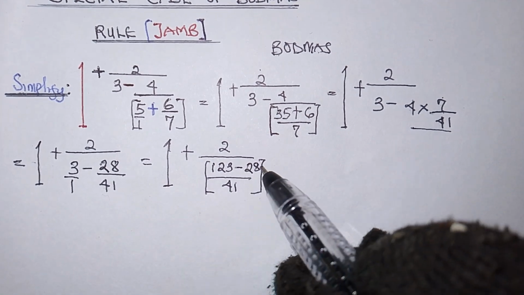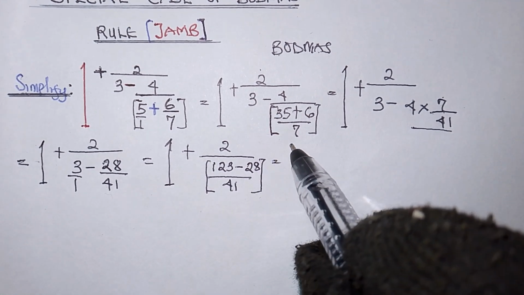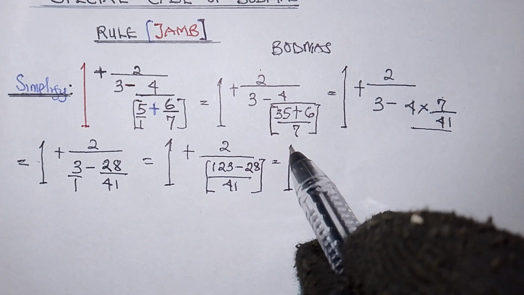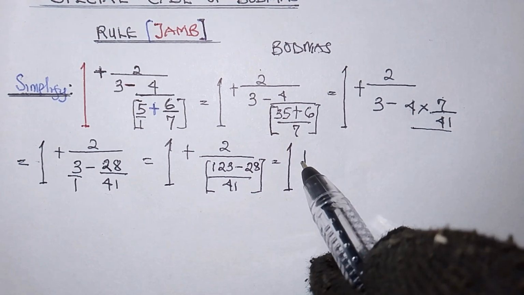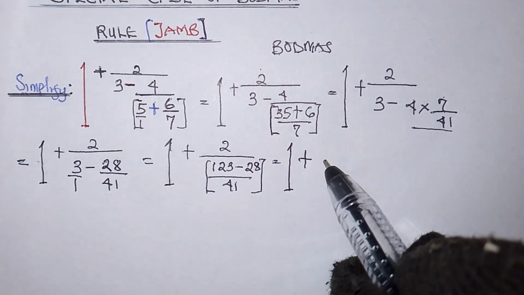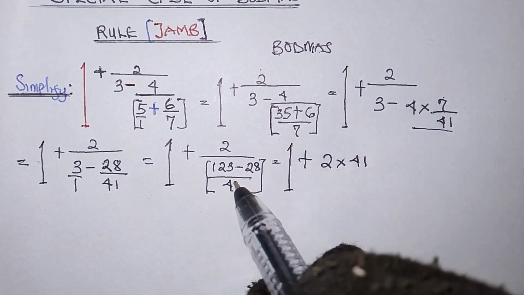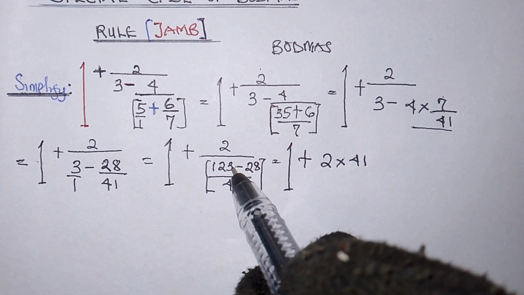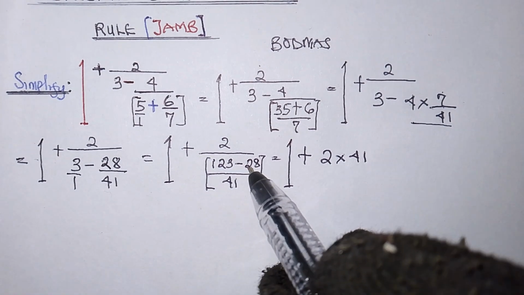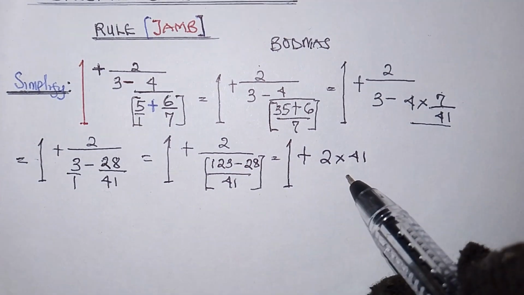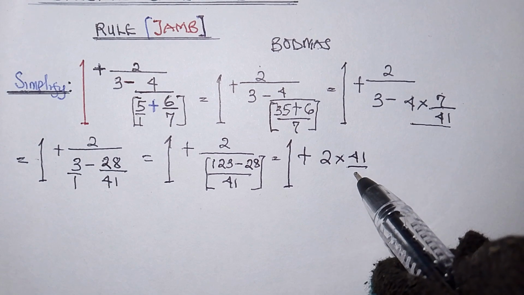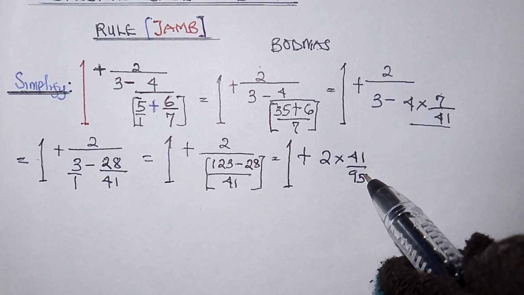So since we have simplified this, we have to continue by saying that 1 whole number added to 2 multiplied by 41, we know that 123, if we subtract it from 28, we are going to have 95.